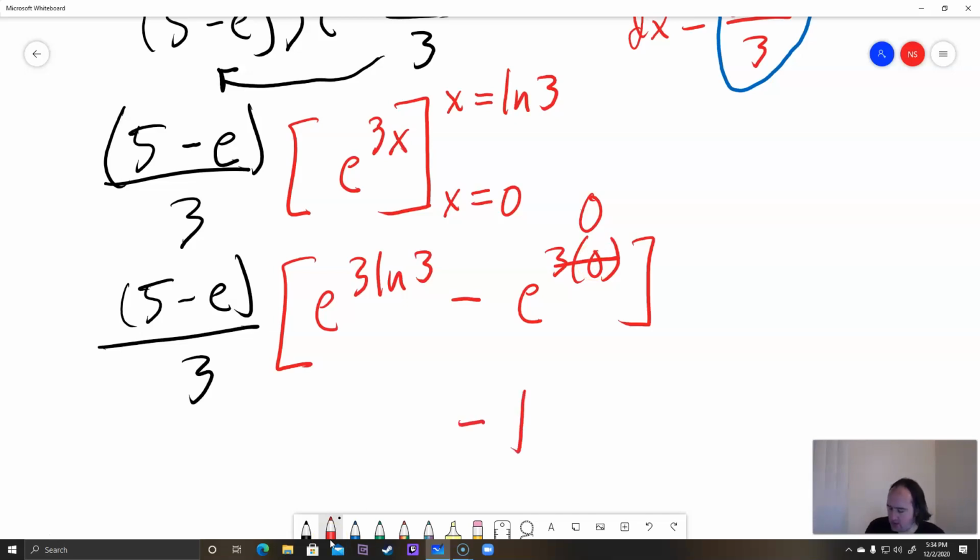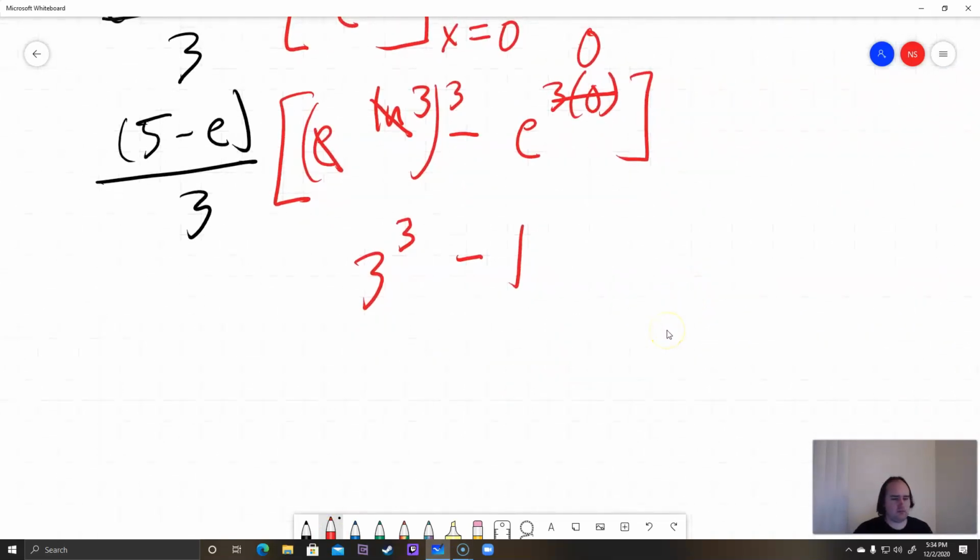And then over here, we can factor out the 3. So we can write it as e to the ln of 3 cubed. And then the e and the ln cross out. So we actually just get 3 cubed. Okay, so we have 3 cubed minus 1. And then for 3 cubed, 3 times 3 is 9, times 3 is 27.